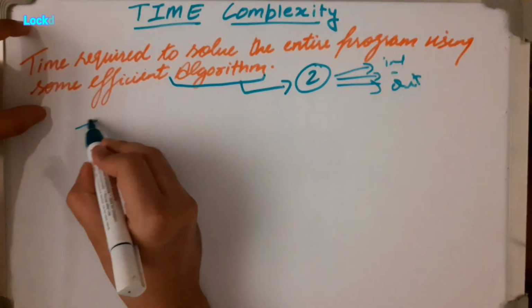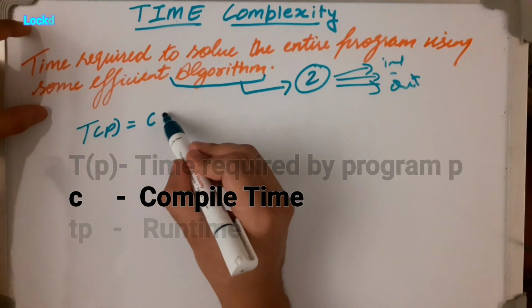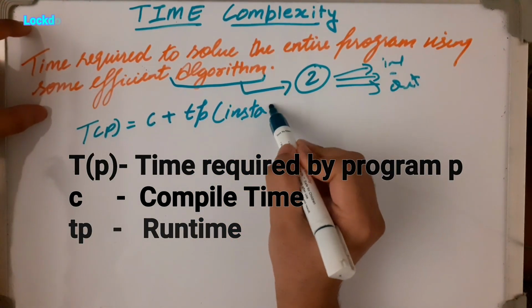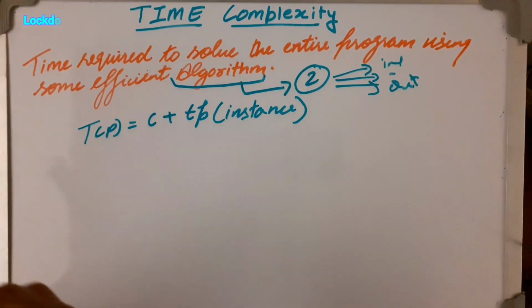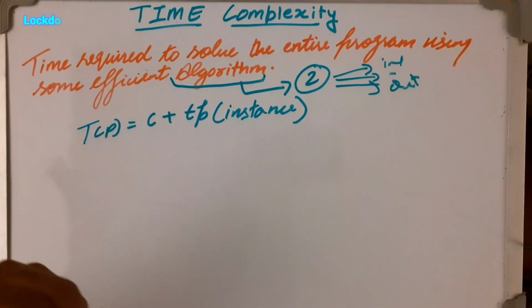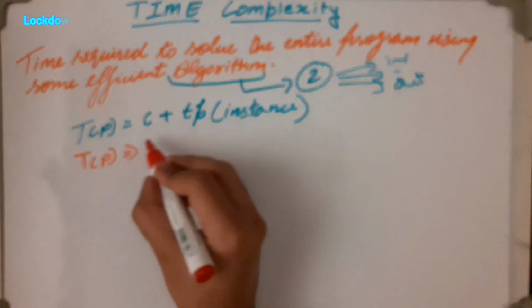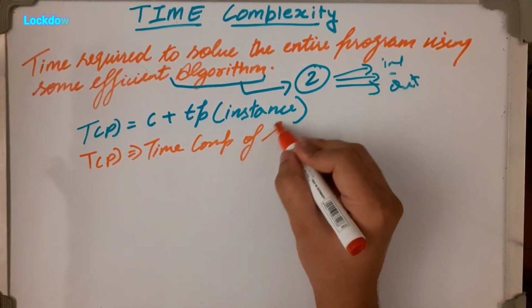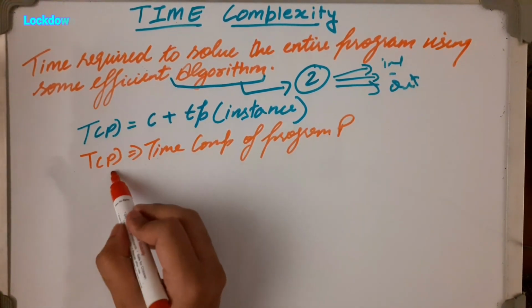Now this also has a formula. The time required is C plus TP, where TP is the instance. TP is the time complexity of program P, for some program we are assuming, and C is the compile time.